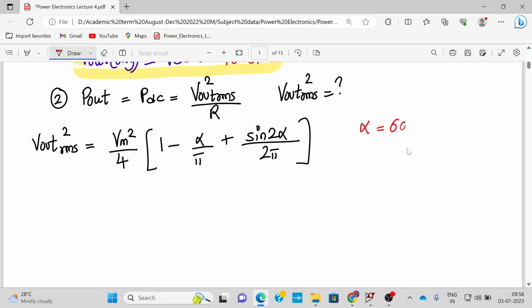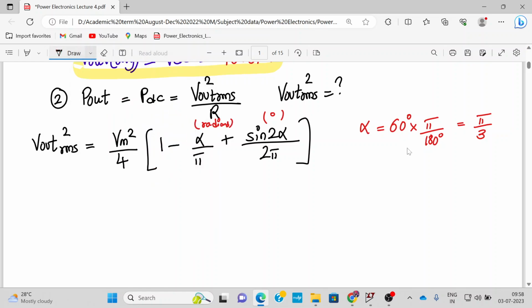Alpha is 60 degrees, and conversion of degrees into radians is by multiplying by pi by 180 degree, so this will be pi by 3 radians. Whereas in sine 2 alpha you have to substitute in terms of degrees. So here alpha will be in degrees and here alpha will be in radians. I hope it is clear.